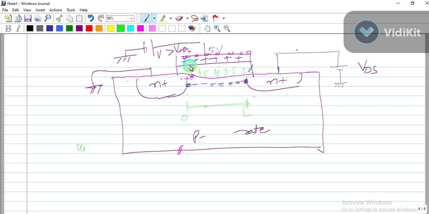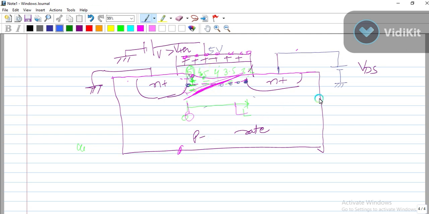The potential difference here is the maximum, so it will attract more free electrons here as compared to here, because the potential difference here is less. So the concentration of free electrons is decreasing as we move from 0 to L, somewhat like this.